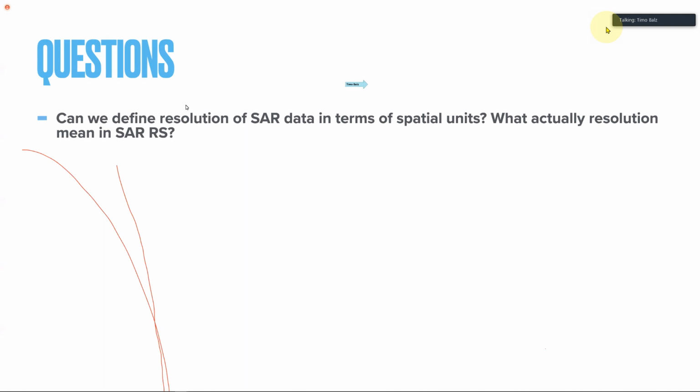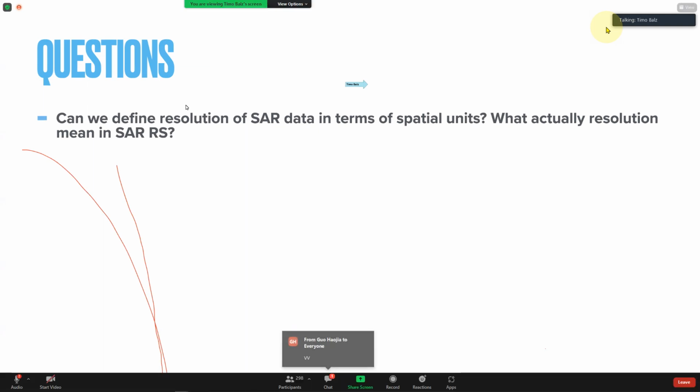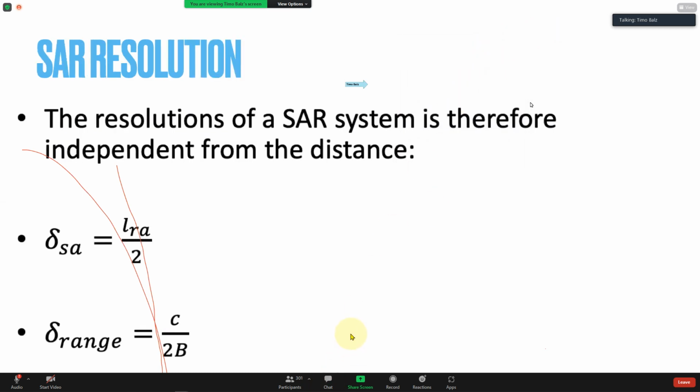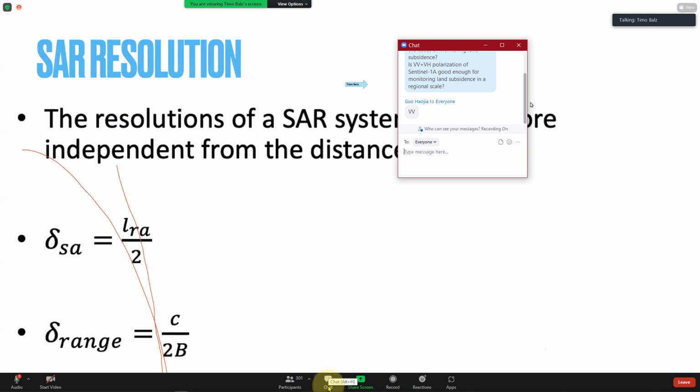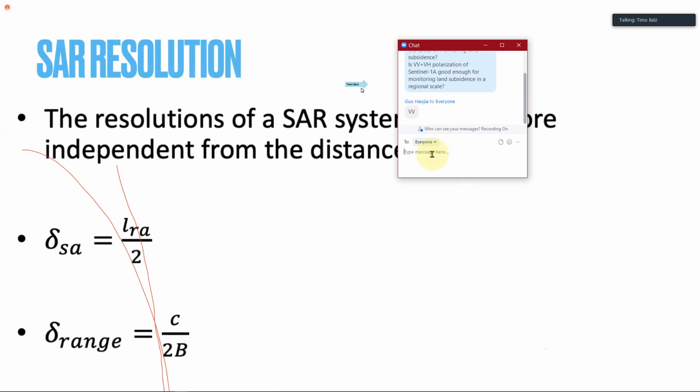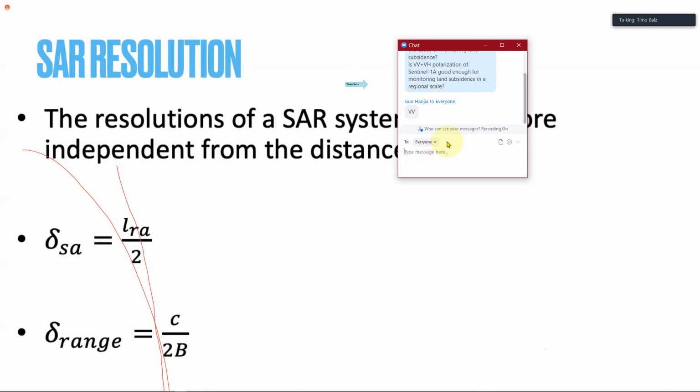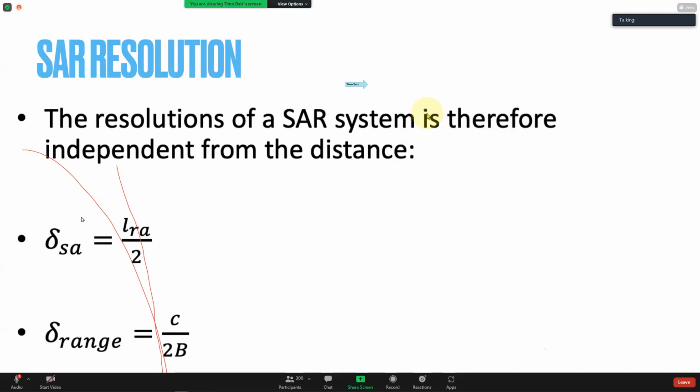All right. Can we define resolution of SAR data in terms of spatial units? What does resolution actually mean in SAR remote sensing? So I showed you the slide of the resolution of a SAR system, and that is given in meters.